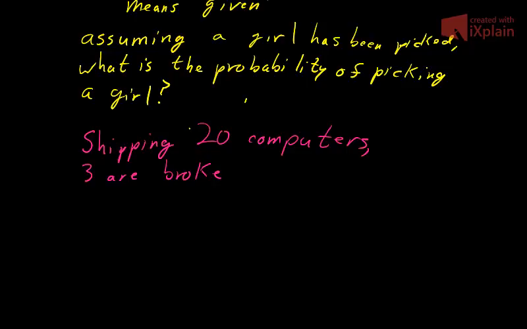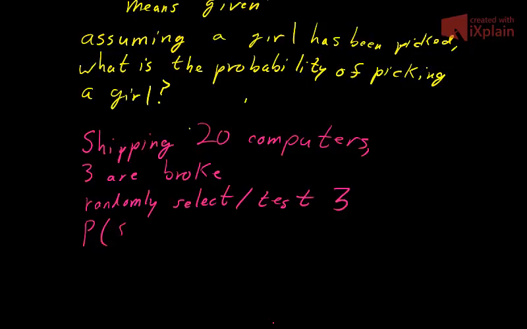So if I randomly select and test them, I want to test 3 of them. I want to know what is the probability that the first 3 that I pick are the 3 defective ones.